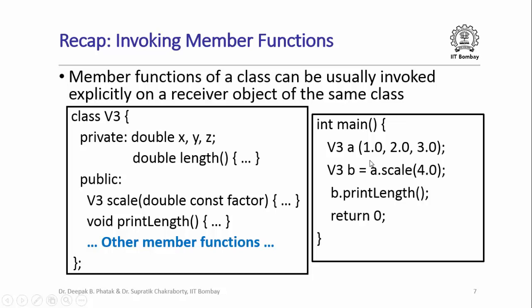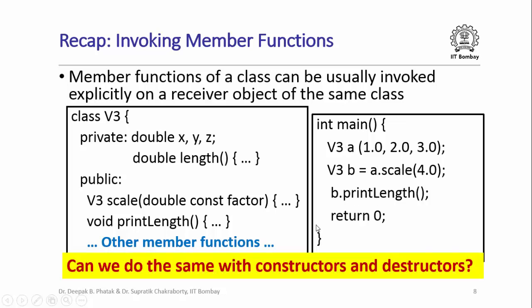The resulting object is going to be stored as object B of class V3, and then I'm invoking the member function print length on the receiver object B. Note that both scale and print length are public member functions of the class V3. Therefore, I can freely invoke them in the main program on receiver objects of the appropriate class wherever I want.